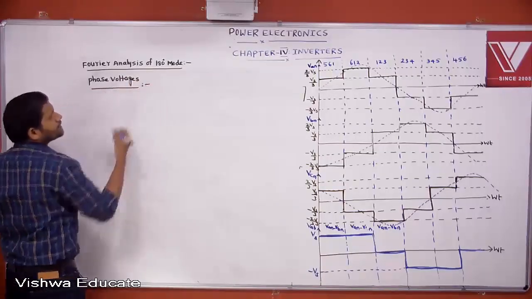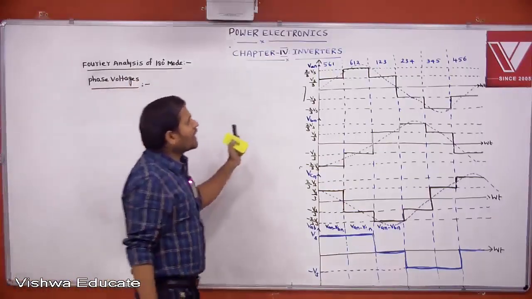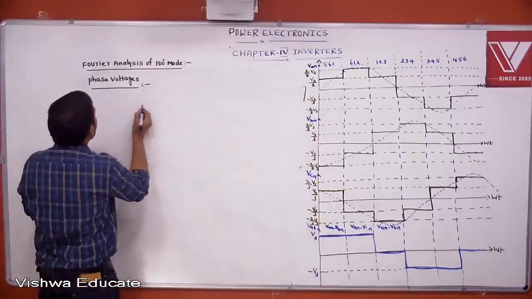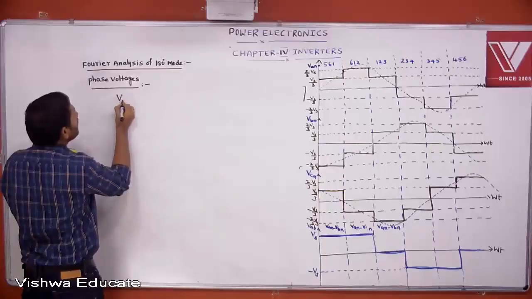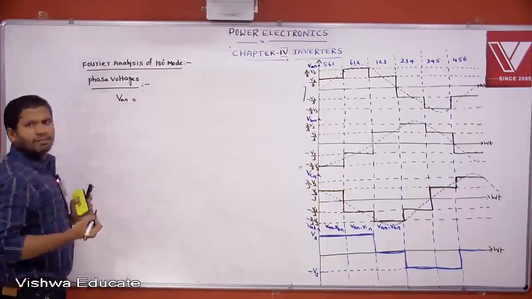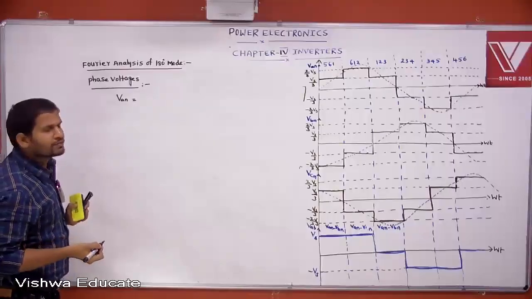If you apply Fourier analysis for this phase voltage waveform, then the instantaneous value of the nth harmonic phase voltage, A phase, then B phase, C phase, you want to write.